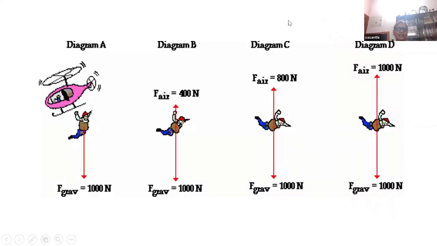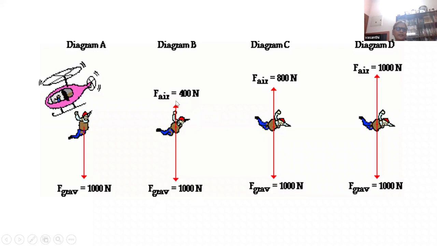Yes. Now, this is an interesting example here. A person is getting down with a parachute, but the parachute is not shown. So upthrust as well as viscous drag is acting. Now the frictional force alone is given, viscous force 400 Newton, 1000 Newton.